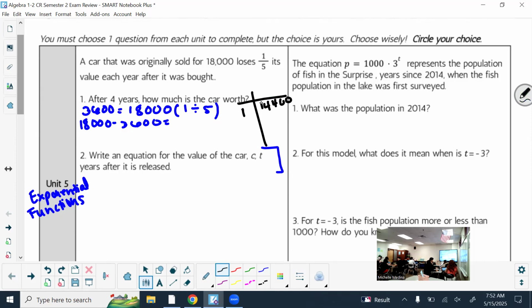It's losing whatever a fifth of its current value is. So now its current value is 14,400. We need to figure out what 1/5 of that is. I get that it's losing 2,880.